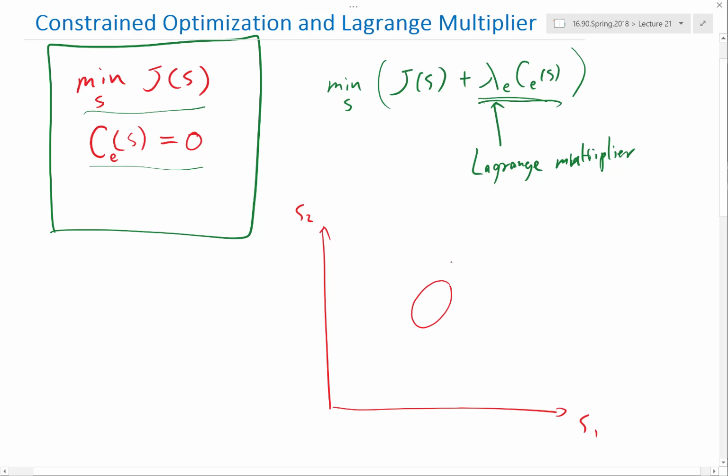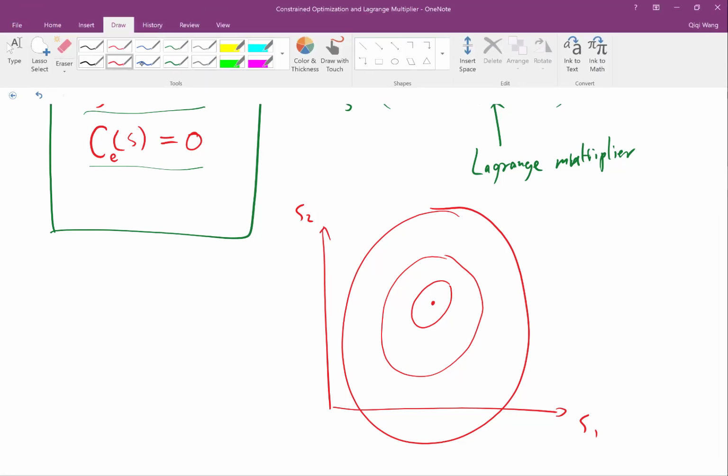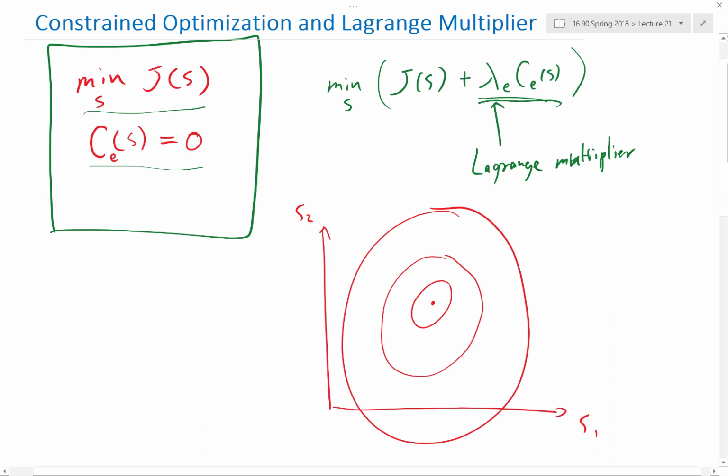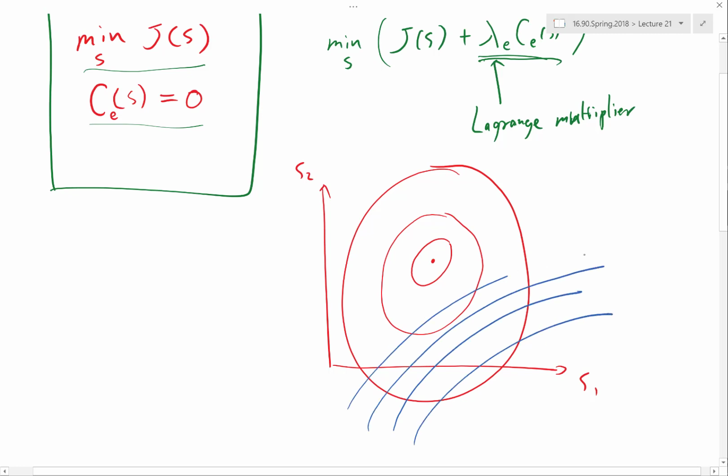So let's use red to denote the contours of J. If I don't have any constraints, the minimum of J would be at the center of these contours, right? Now imagine I have a constraint, and let's use blue to denote the constraint. And again, the constraint function can also be represented as contours, right? So the contour of the constraint function may be like that.